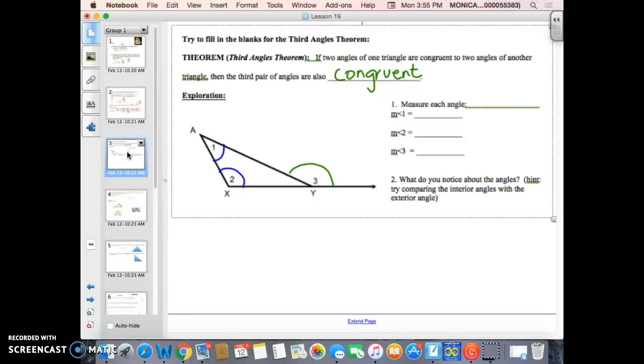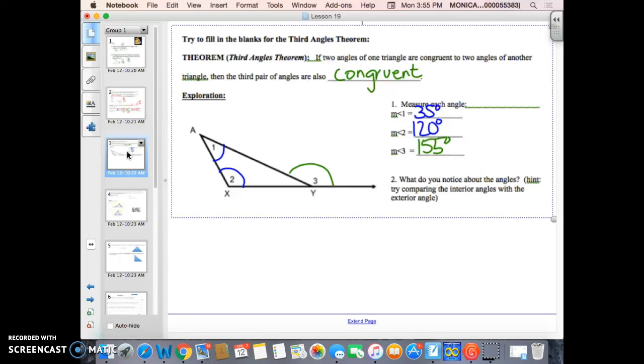So when you measured each angle with a protractor, you should have noticed that the measure of angle 1 is 35 degrees. The measure of angle 2 was 120 degrees. And the measure of angle 3 was 155. And so the question is, what conclusion can you draw?